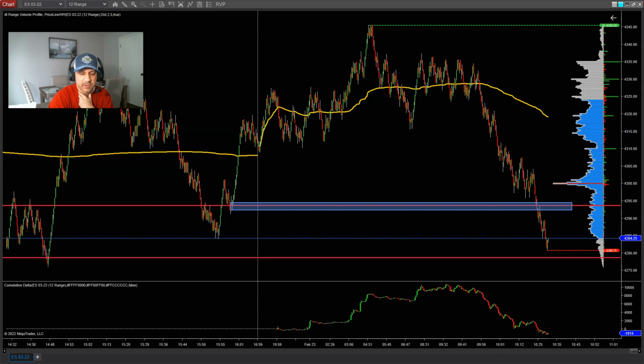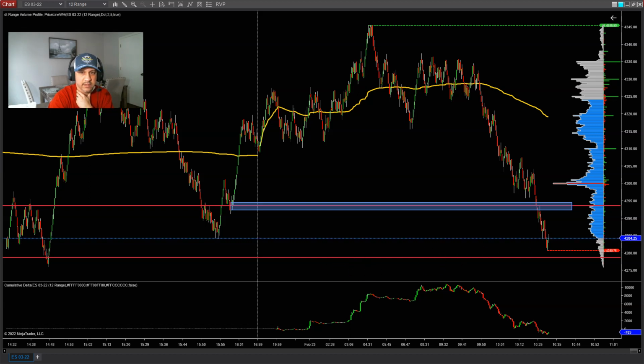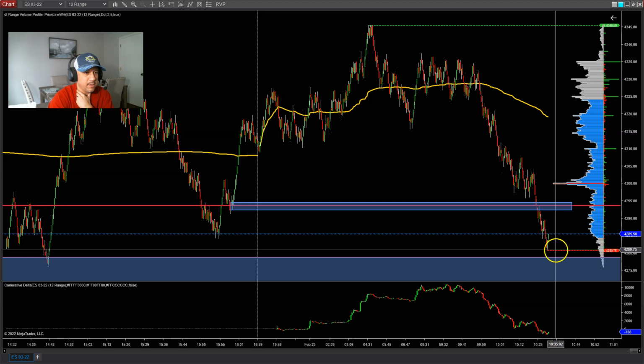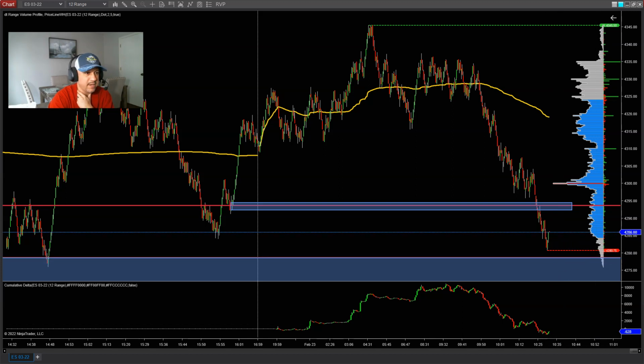So I'll show you the zone here. Give me a second. I'm gonna get it pulled up on my 1 hour chart so you can see it on the 12 range. This thing is running slow today. Here we go. All right, you see it? It's coming back down to this area. Almost tapped into it, maybe 2 points away, something like that.